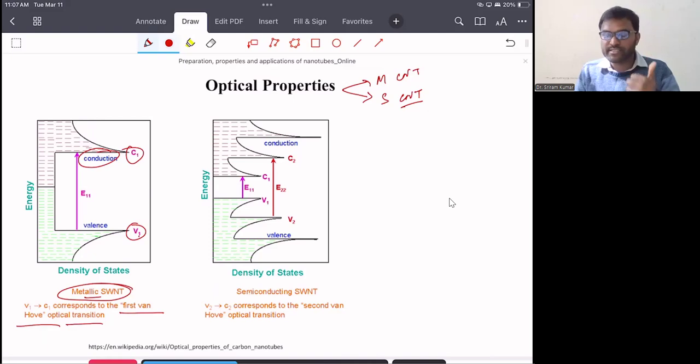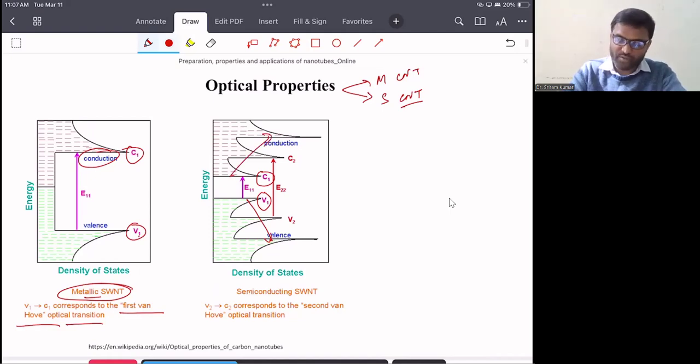However, in the semiconducting CNT, the V1 to C1 energy gap is smaller as compared to the metallic V1 to C1, and in the semiconductor we have different valence bands and different conduction bands.